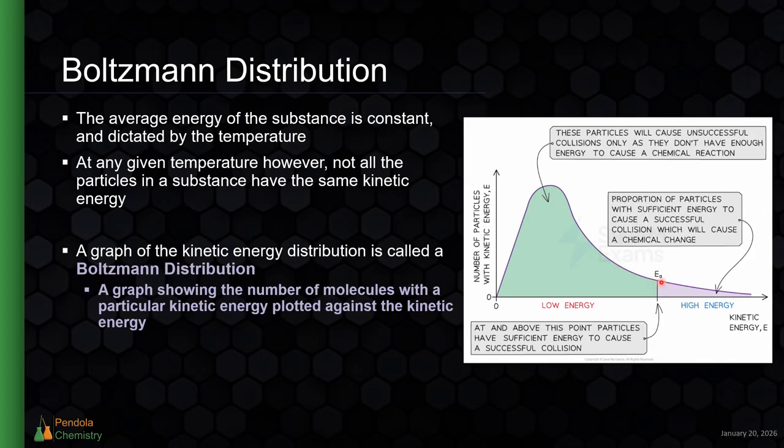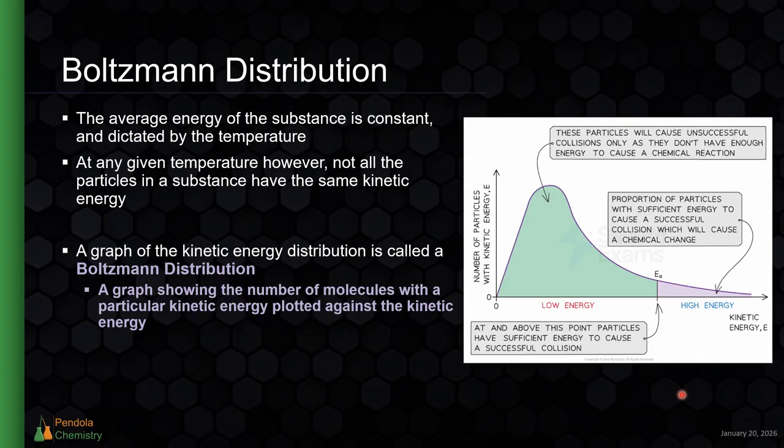We do this by putting a vertical line on the x-axis that's going to show us the activation energy for a reaction. The activation energy is the minimum energy that colliding particles need to have in order to react. So going back to the collision theory, the activation energy is the amount of energy that two particles have to have when they crash into each other in order for them to have a successful collision.